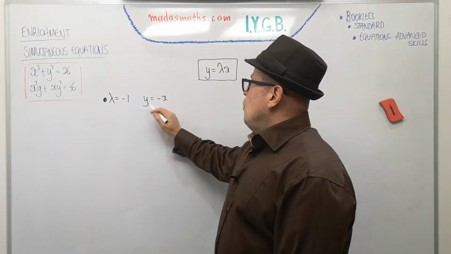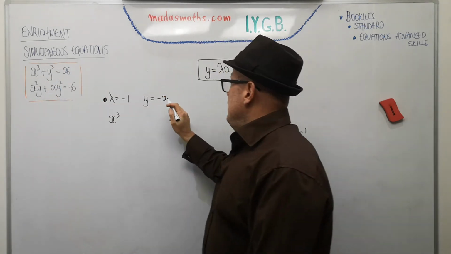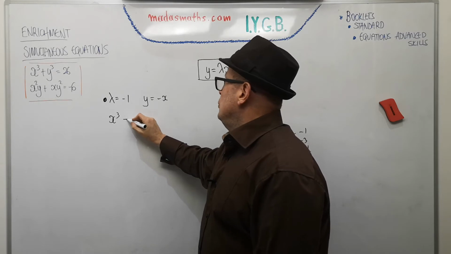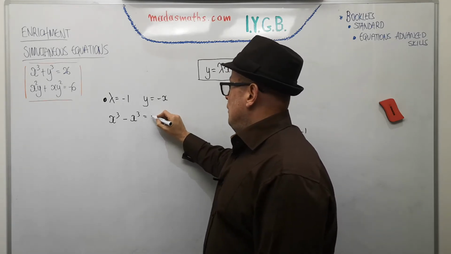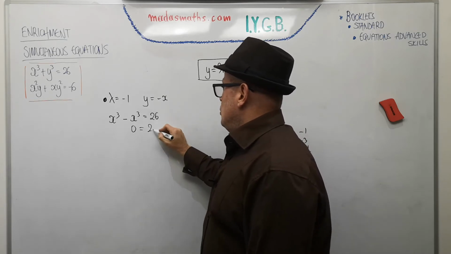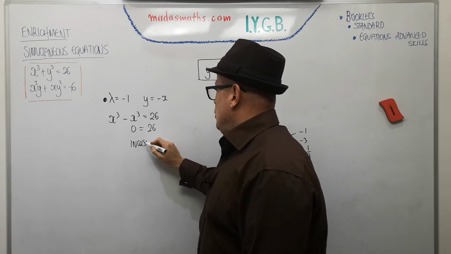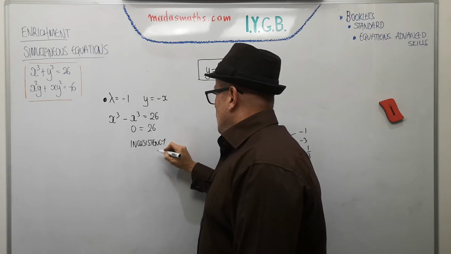So if I put y is equal to minus x and cube this, it gives me minus x cubed is equal to 26, which of course is total rubbish. I have inconsistency.